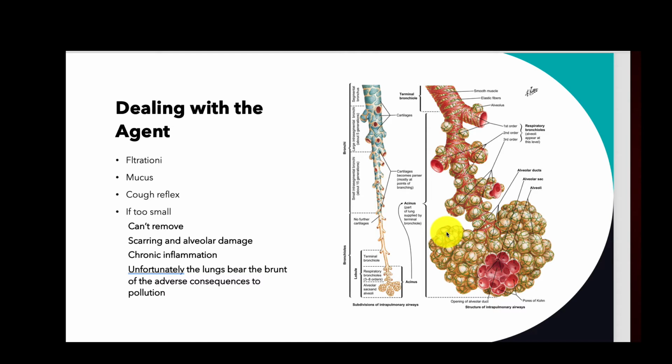It acts as a second membrane, which basically acts as a filter. We have the cough reflex, right? So when things come into the alveolus or the bronchial tubes, we can cough them out. However, if it's too small and we can't remove them, that's when the scarring begins to happen, the chronic inflammation, and unfortunately the lungs will bear the brunt of the adverse consequences.